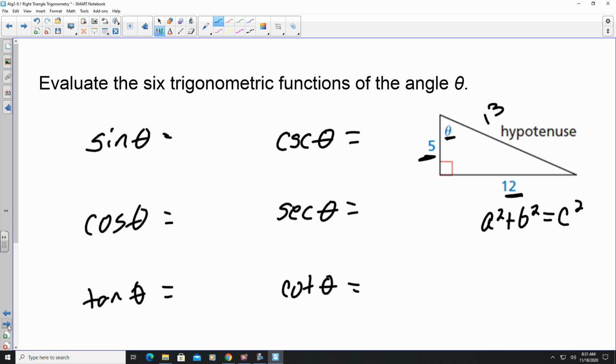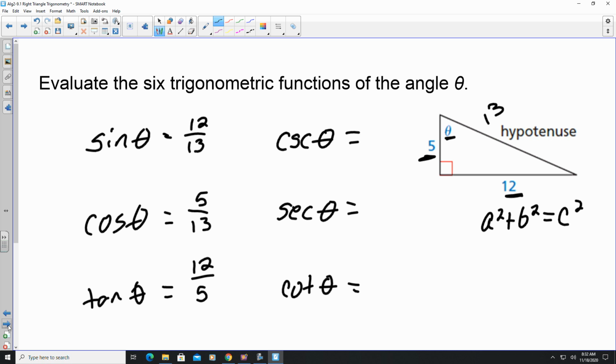First off, sine is opposite over hypotenuse. My opposite side is 12 and my hypotenuse is 13, so sine of theta is 12 over 13. Cosine is adjacent over hypotenuse, so that is 5 over 13. Tangent is opposite over adjacent, and that is 12 over 5.